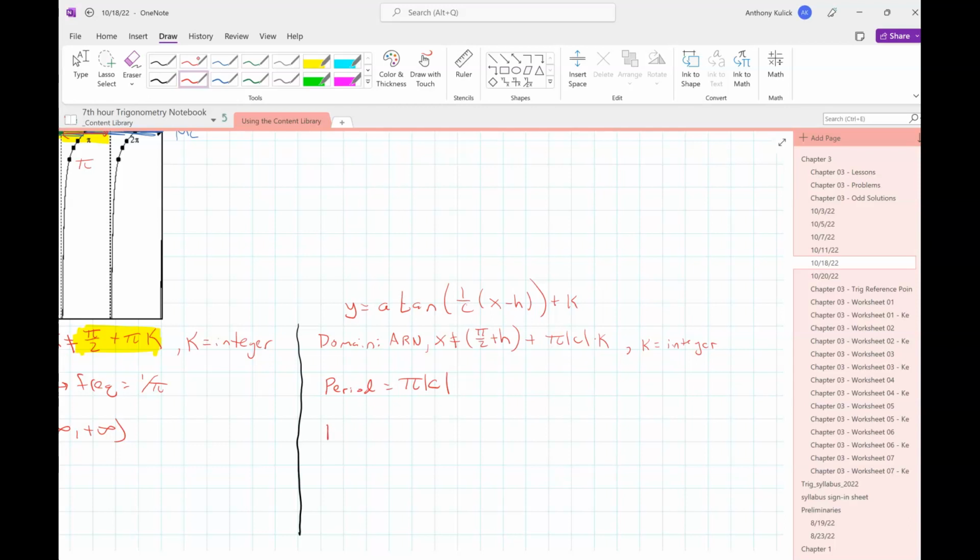The range won't change, though. It was all real numbers before. If I stretch or shrink or shift, that's not going to change the range at all. The midline, just like before, if we shift that up or down, we change the location of the midline. And again, we still have no amplitude.